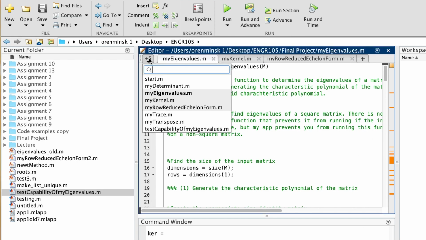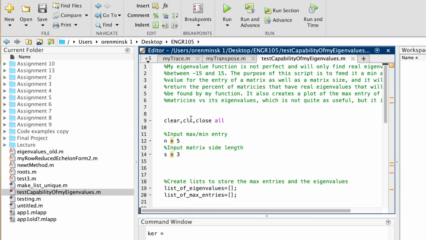So what I did is I wrote this script which generates random matrices that have a max or a minimum entry and have a certain dimension. It generates 1,000 of these random matrices, and calculates the eigenvalues using MATLAB's built-in eigenvalue function.